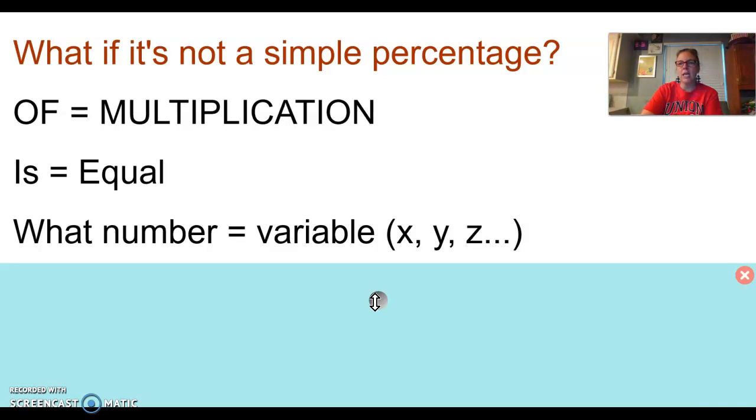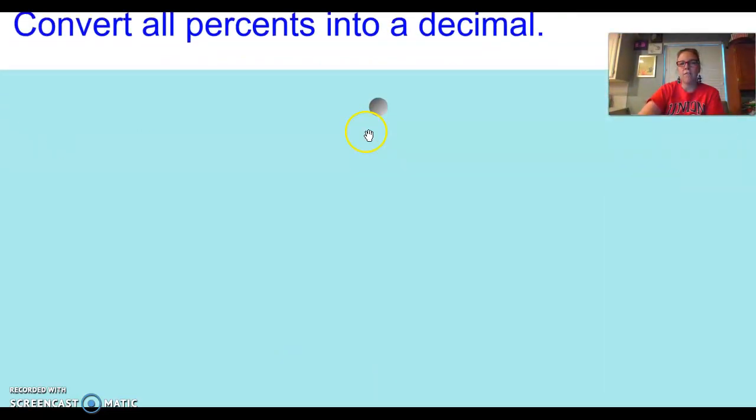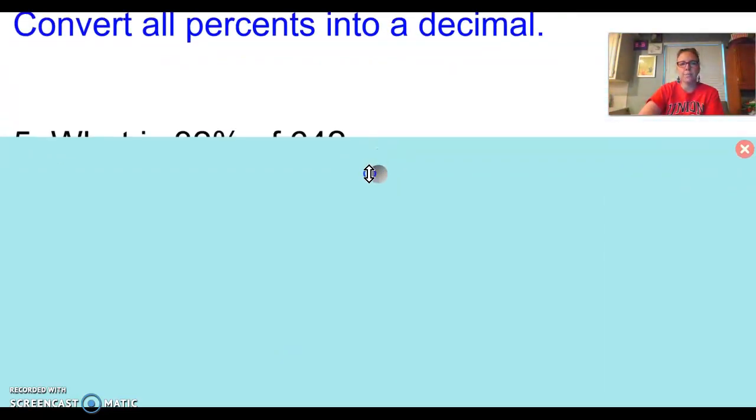We are going to make equations and solve the one-step equation. And you have to convert all percents into decimals. When it starts with a problem, if there's a percent, you have to change it to a decimal before we can do anything. Okay, so if I'm going too fast, remember, just pause.